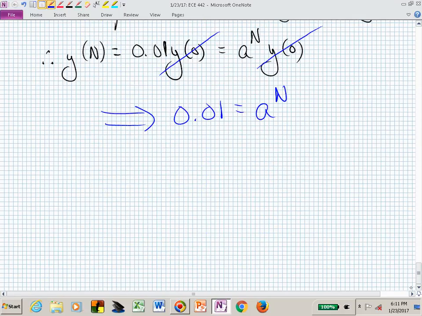We need to solve for capital N. And A, we know. We were given that in this particular problem. It was 0.887. In another problem, it might be 1/2. It might be 0.7. It might be something else. Let's solve for n.